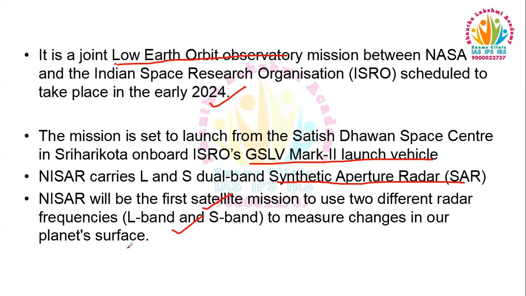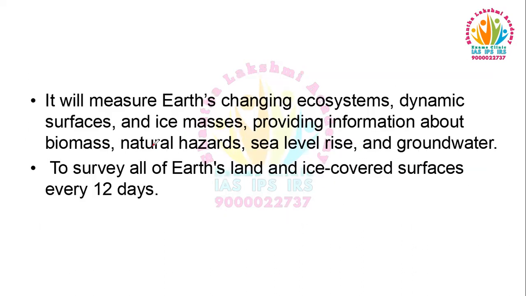Why? To measure the changes on our planet's surface. It will measure changing ecosystems, dynamic surfaces, and ice masses, and it will survey the Earth's land and ice covered surfaces every 12 days and provide information about natural hazards, biomass, sea level rise, and the groundwater table. The mission life is expected to be 3 years.